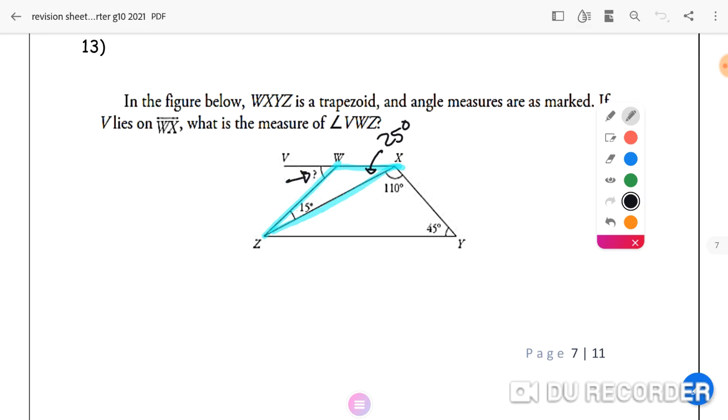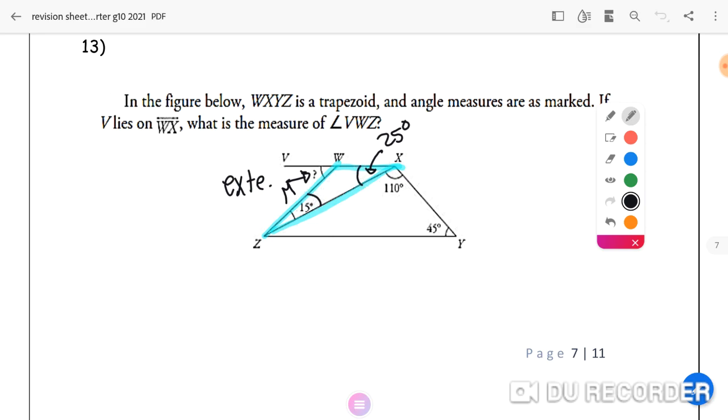Angle VWZ simply is an exterior angle of the triangle WXZ. So the measure of the angle, I will call it angle M, equals the sum of the two non-adjacent angles.